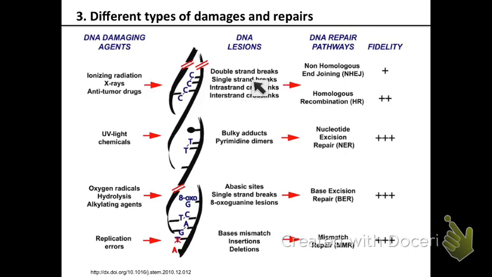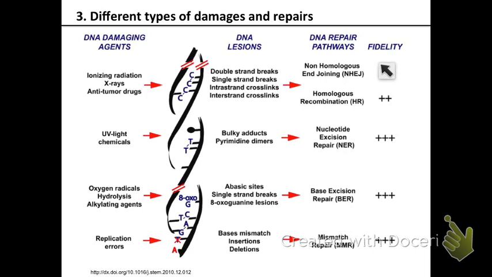These types of DNA damage are repaired by two pathways: non-homologous end joining and homologous recombination. And there's another column telling you the fidelity of the pathway. Fidelity means how well it restores the information back to its original sequence, so how good the repair is.